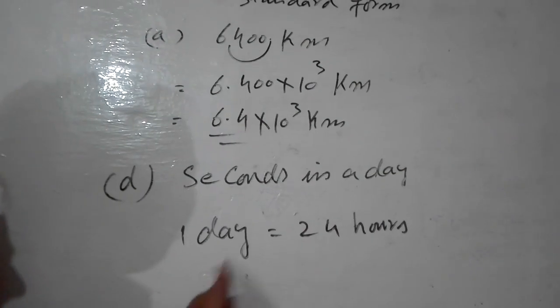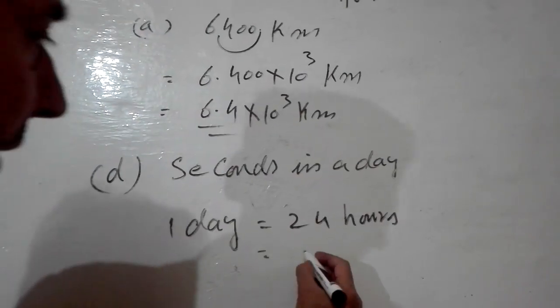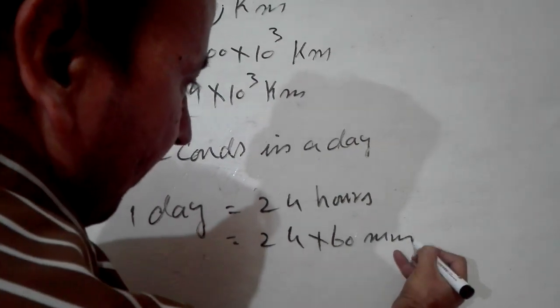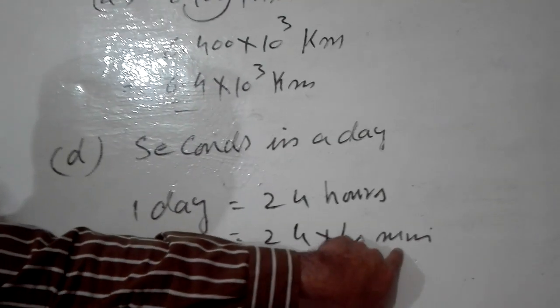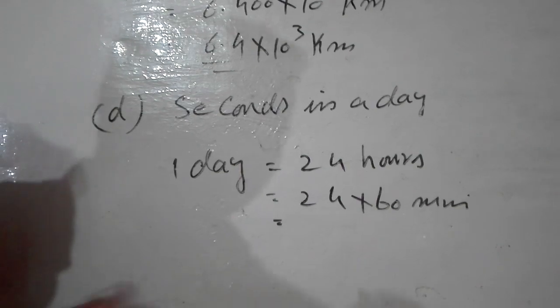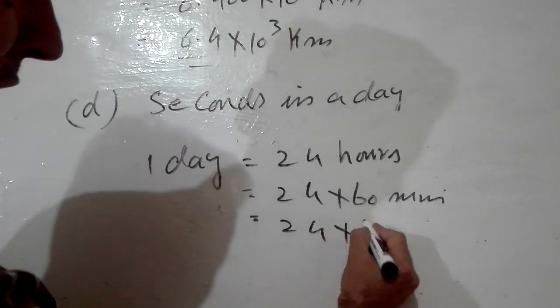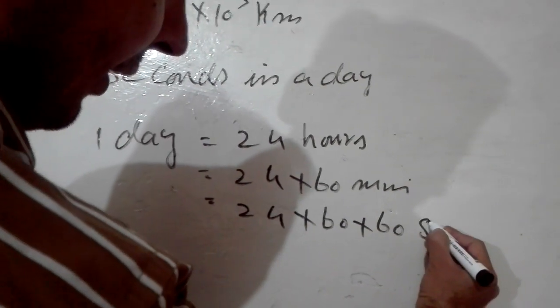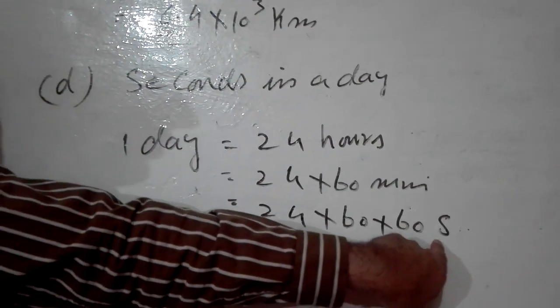How many hours in a day? 24 hours. And how many minutes in an hour? 60 minutes. And how many seconds? Because you have to convert this day into seconds, you will multiply further with 60 and convert it into seconds. S is the symbol for the unit of second.